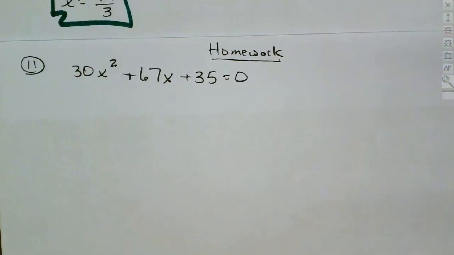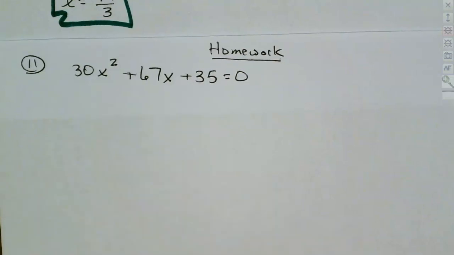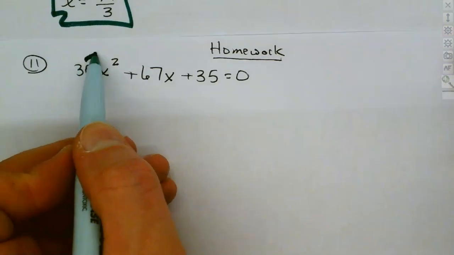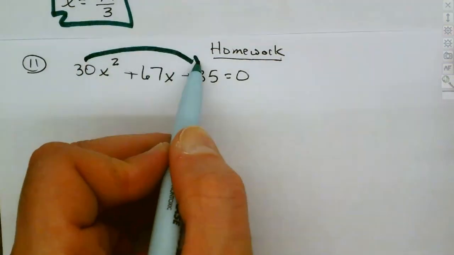First off, I check. Can I factor anything out of here? No. 3 won't go into all of them. So I cannot factor out a 3. I can't factor out a 5. Nothing factors. This one's going to give you larger numbers. But we're going to talk through it. And you're going to find the numbers for me.